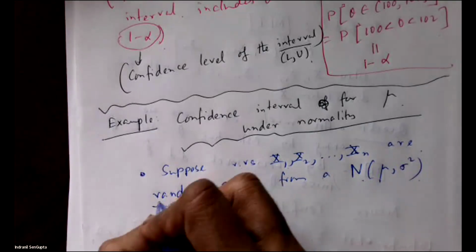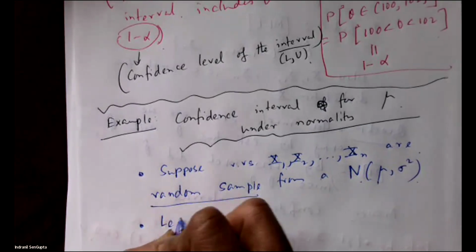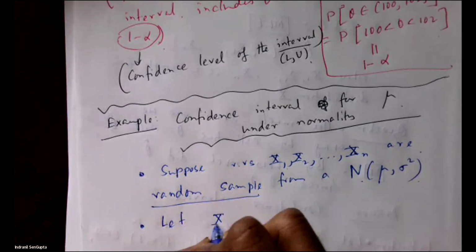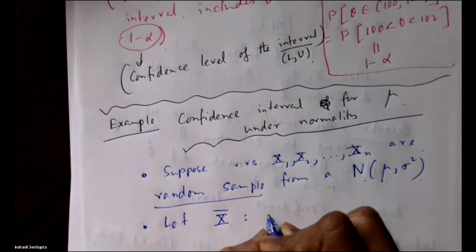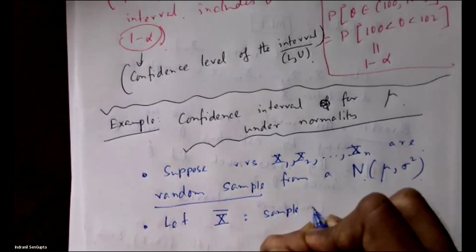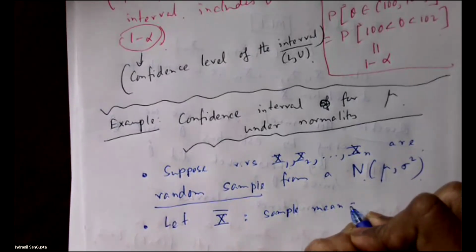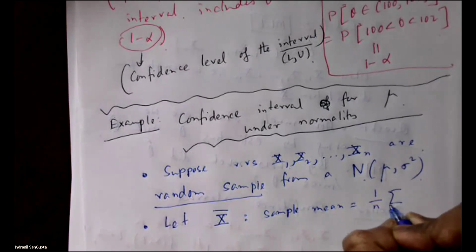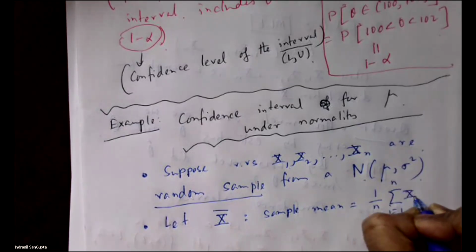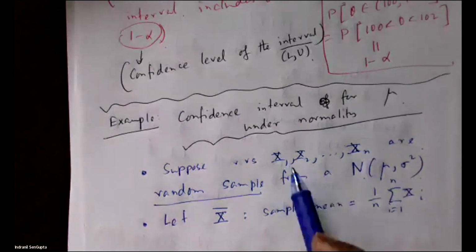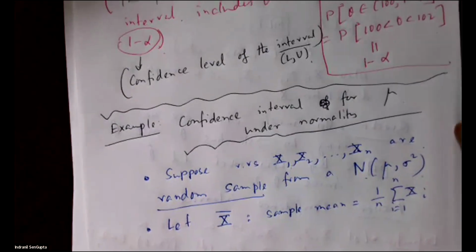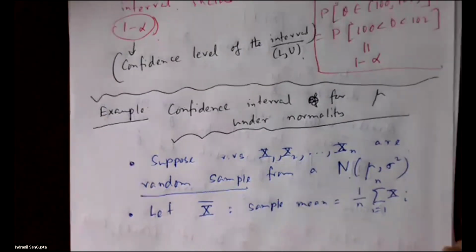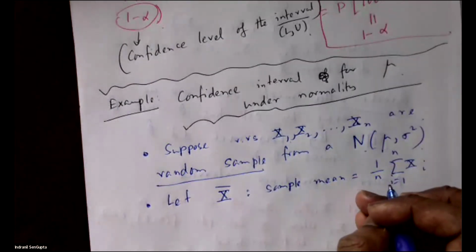Now let us define, as we have done in the last class, x bar to be the sample mean. That means 1 over n, summation i from 1 to n, xi. Whatever we are observing in the sample, we take the average, and that is what we call the sample mean.